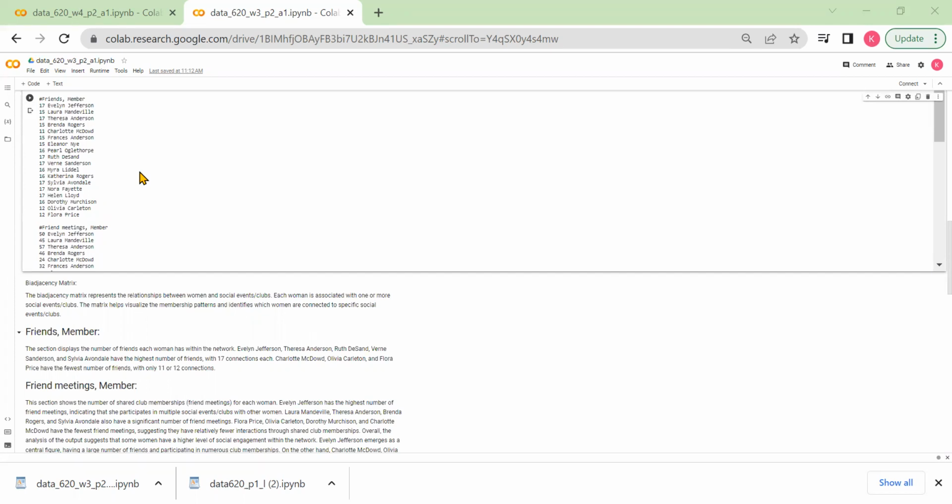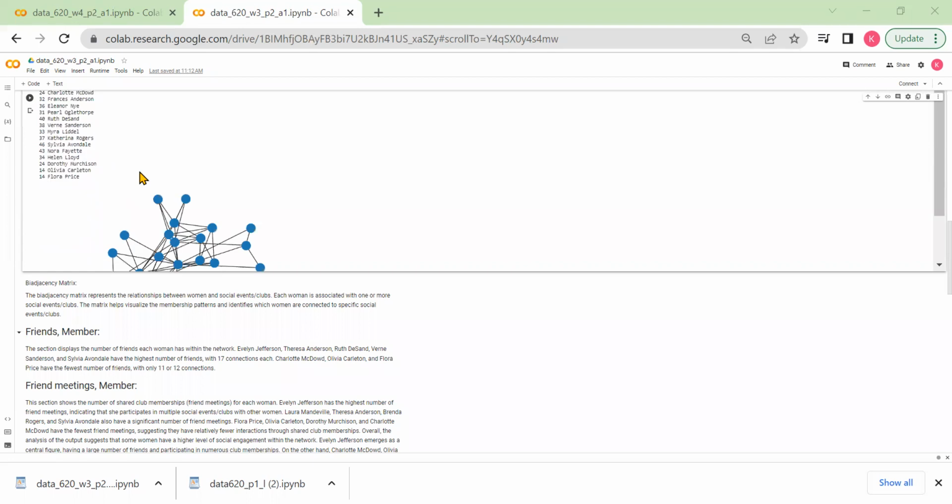Now talking about friend meetings. Here it shows the number of shared club memberships for each woman. We can see that Evelyn Jefferson has the highest number of friend meetings, indicating that she participates in multiple social events with other women.